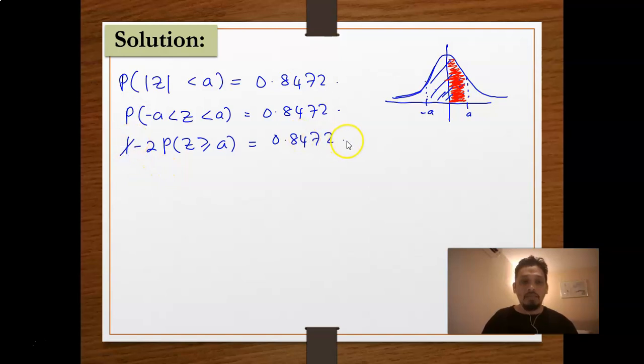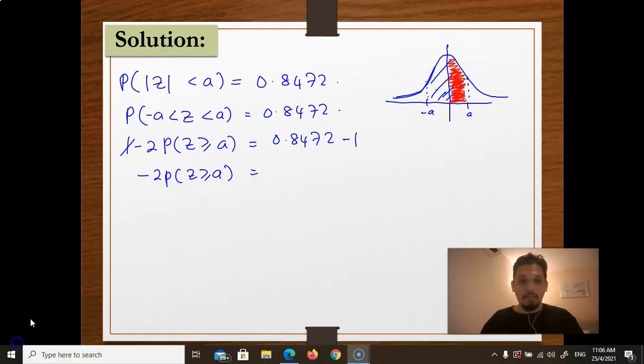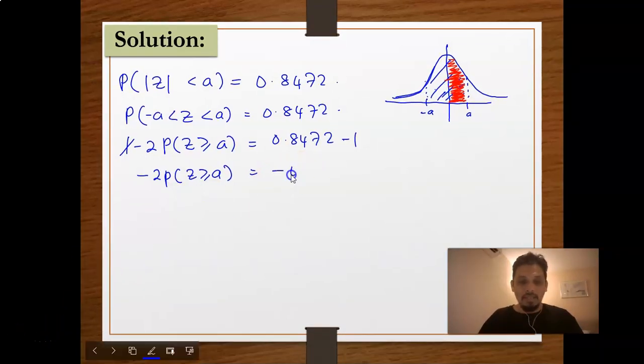Bring this one to the left side, minus 1, and negative 2 times the probability of Z greater than or equal to A equals, again using your calculator, 0.8472 minus 1, which is negative 0.1528.